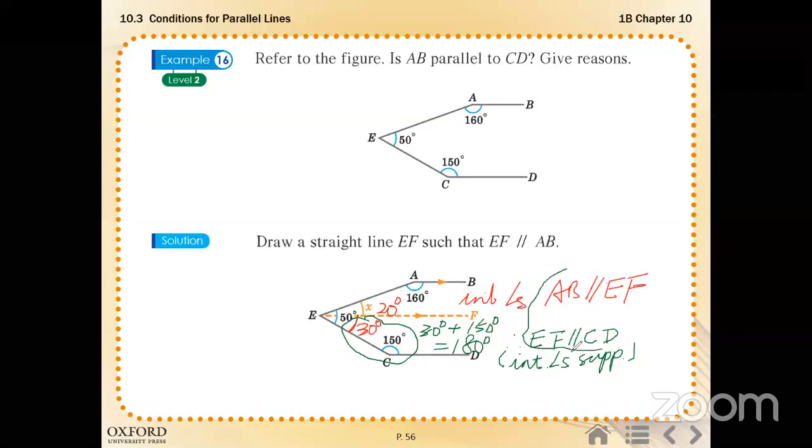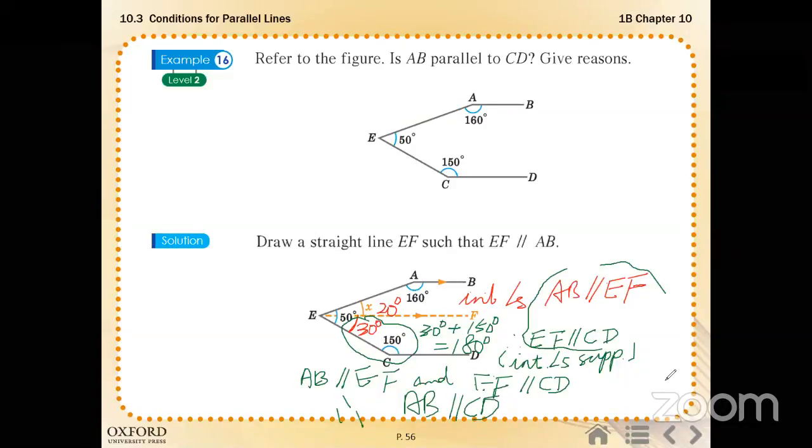And then you need to draw another conclusion. Now you have these two together: AB is parallel to EF, and EF is parallel to CD, and therefore AB is parallel to CD.